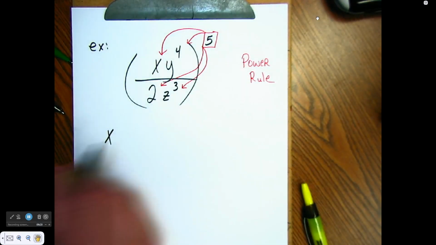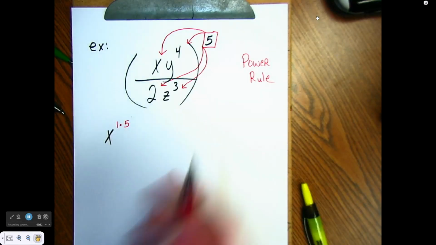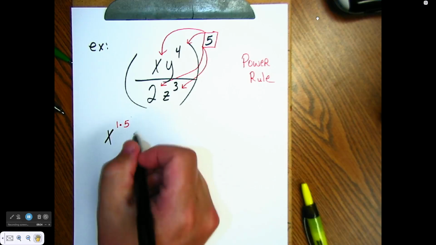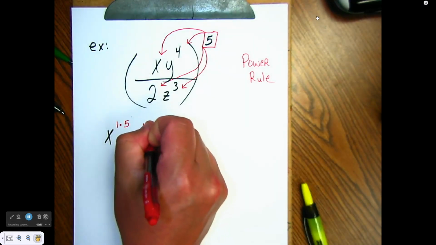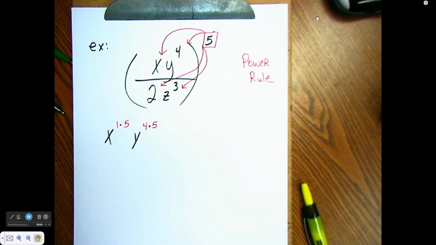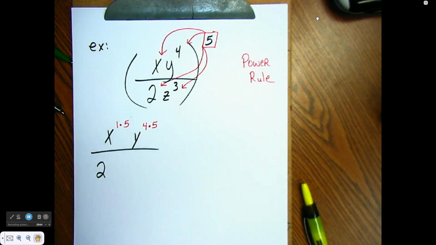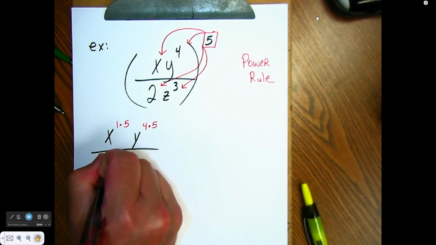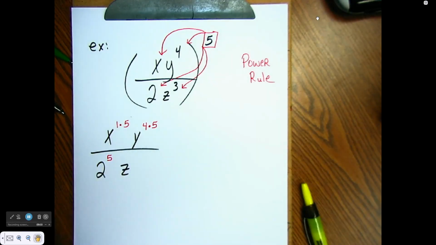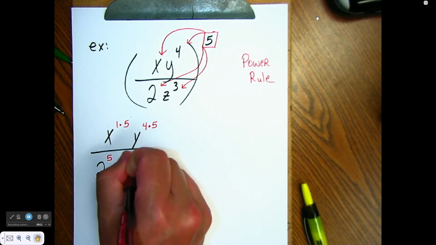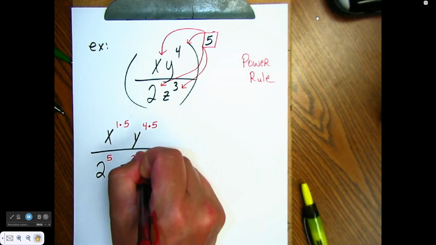We have x to the 1 times 5 times y to the 4 times 5 over 2 to the 5th power times z to the 3 times 5.